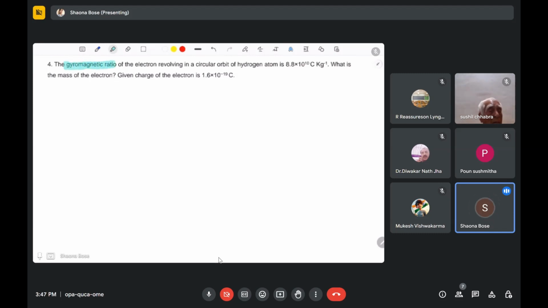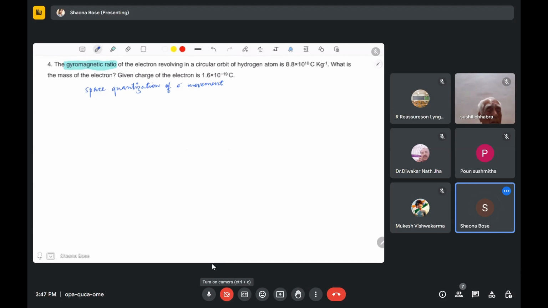Okay, when we talk about the concept of gyromagnetic ratio, this originated from space quantization of electron movement, or in electron energy levels.